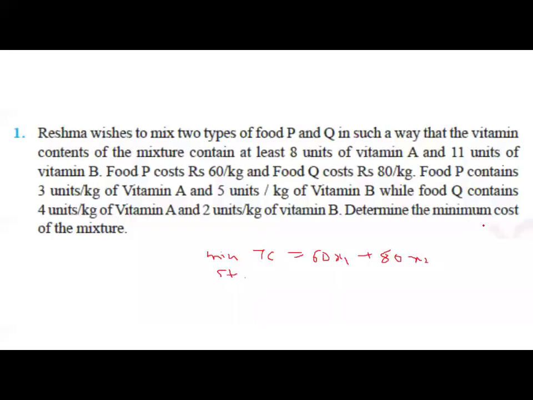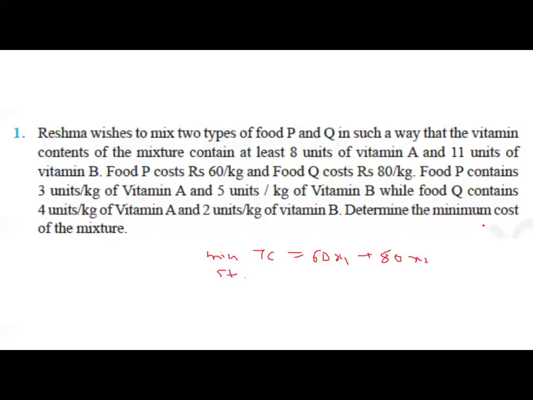So how do we express that in terms of x1 and x2? Well, food P contains 3 units per kg of vitamin A, and food Q contains 4 units per kg of vitamin A. So one unit of food P contains 3 units of vitamin A.